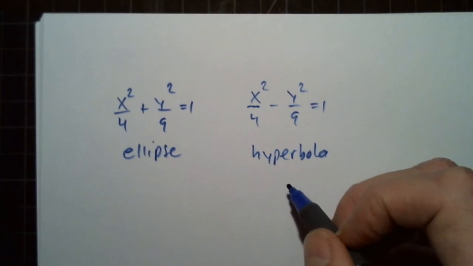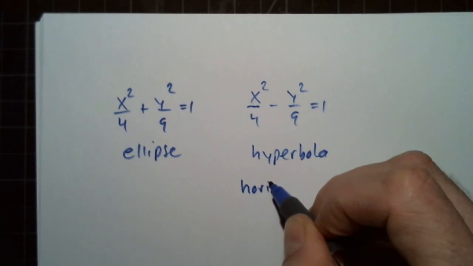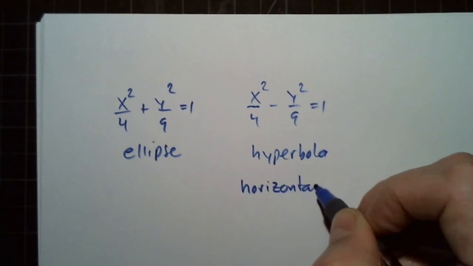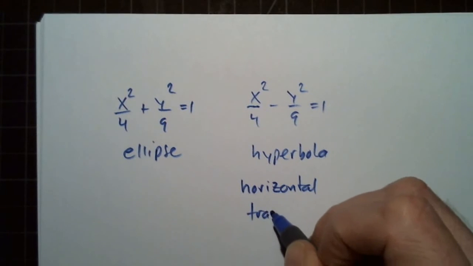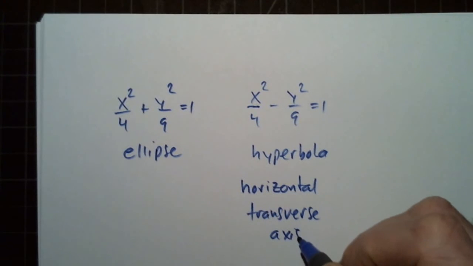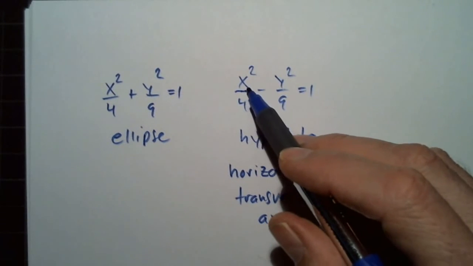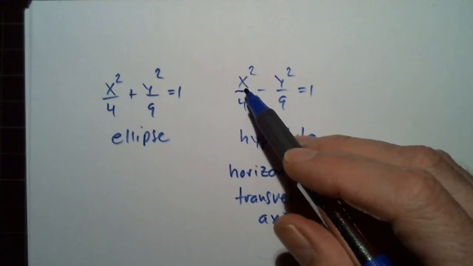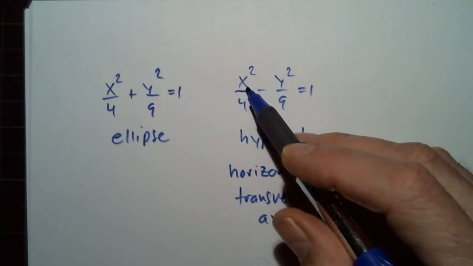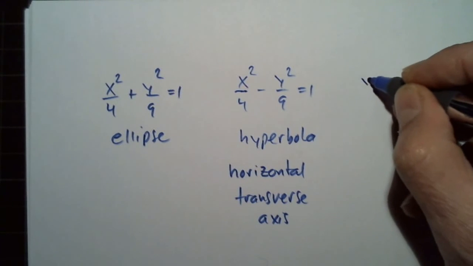And this is a horizontal transverse axis. We can just see by which variable comes first. The horizontal variable comes first, x comes first, so it's a horizontal transverse axis.